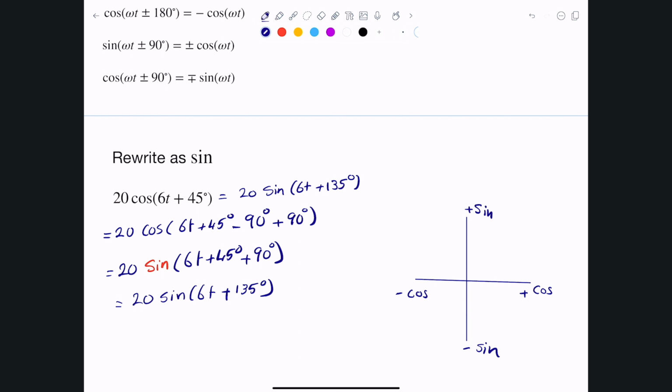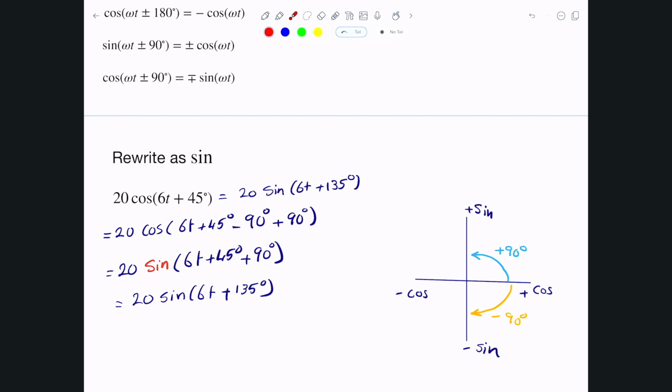The difference between each is simply 90 degrees. If you move counterclockwise, you add 90 degrees, and if you move clockwise, you subtract 90 degrees.